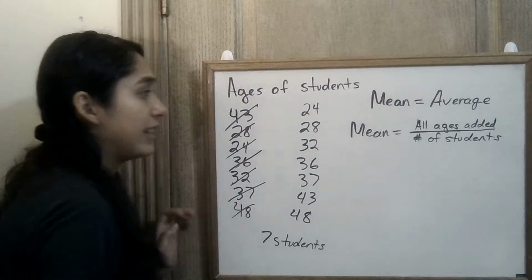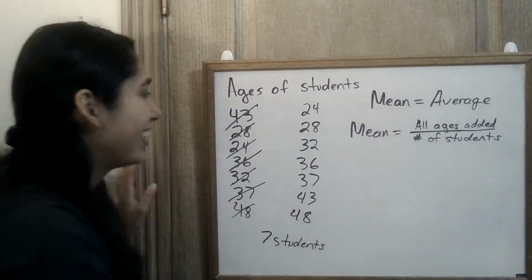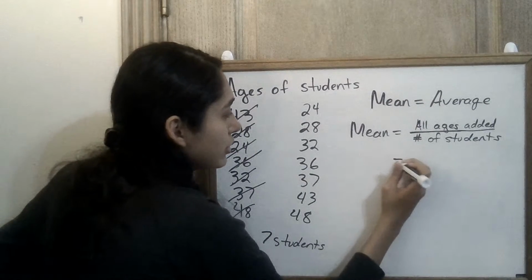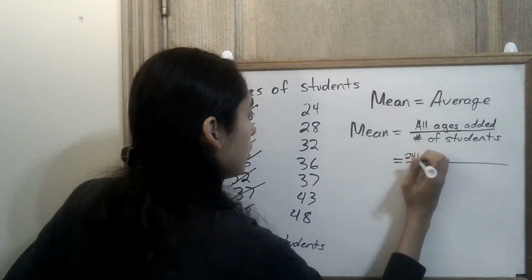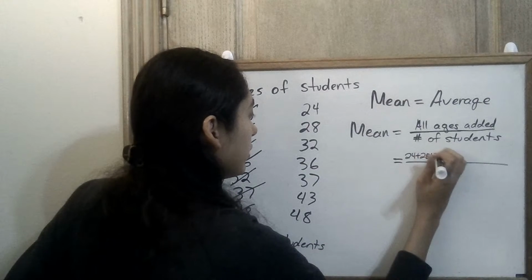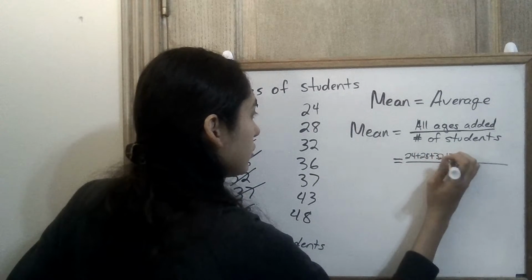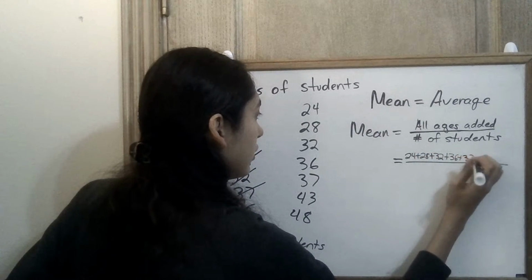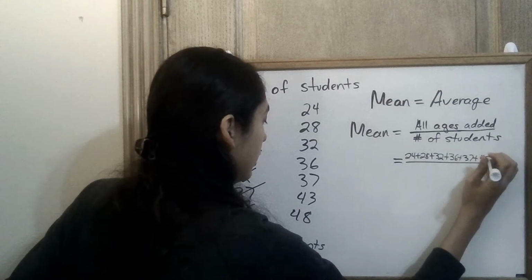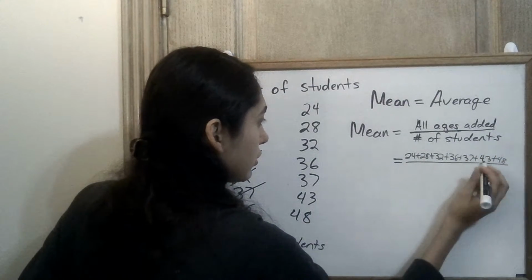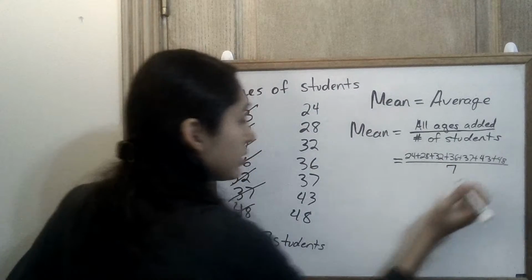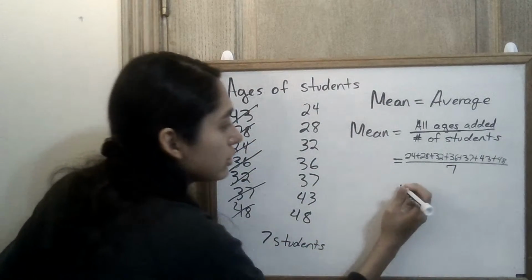so I am kind of out of space here. So I'm just going to go ahead and just do this: 24 plus 28 plus 32 plus 36 plus 37 plus 43 plus 48, and I divide this by 7 because there's 7 students.